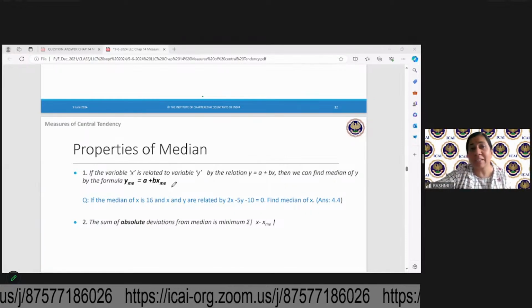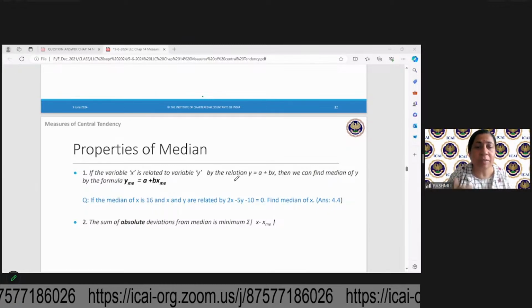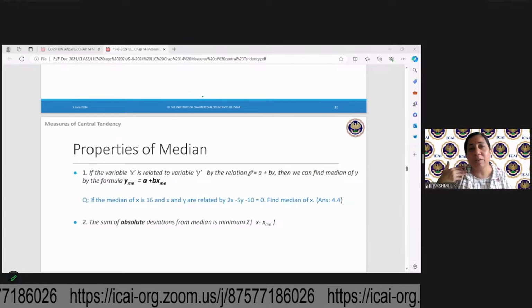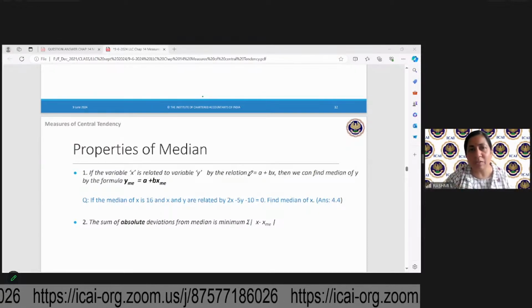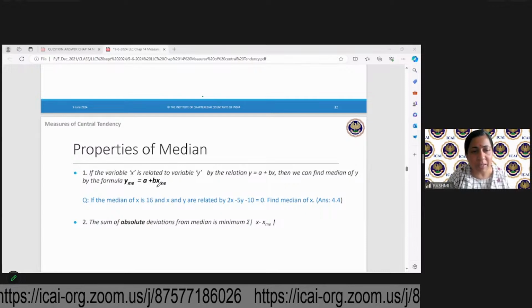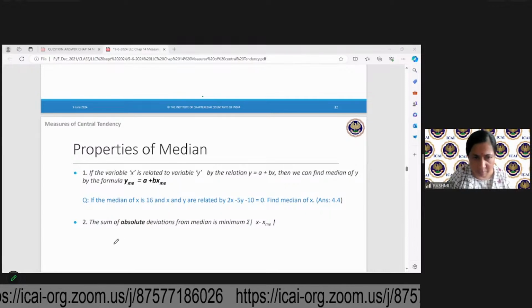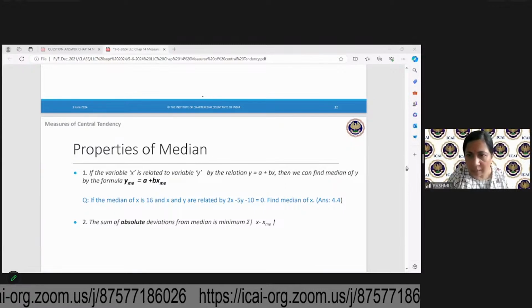We added some numbers, subtracted some numbers. So similarly, if you can write the variable y in terms of x, because y is equal to a plus bx, then we can find the median as y median is equal to a plus b x median. Okay, now let us see.